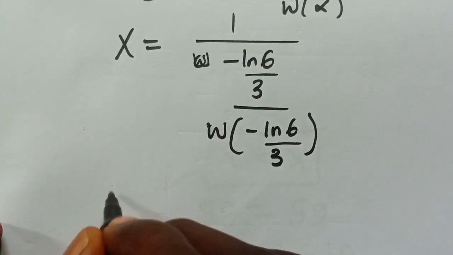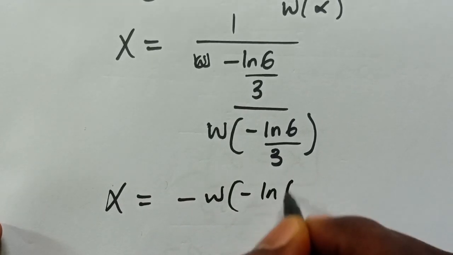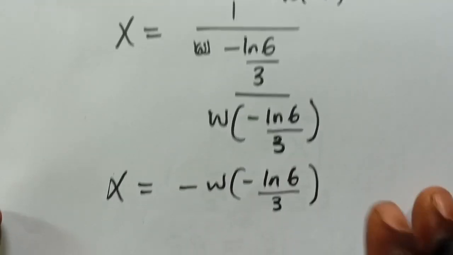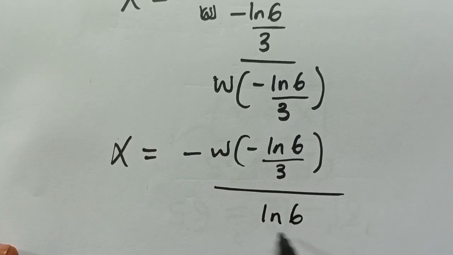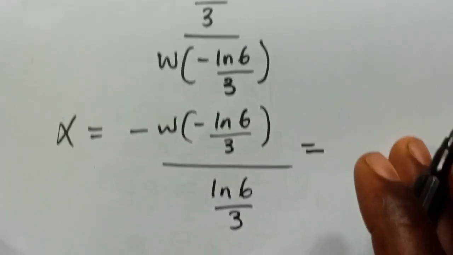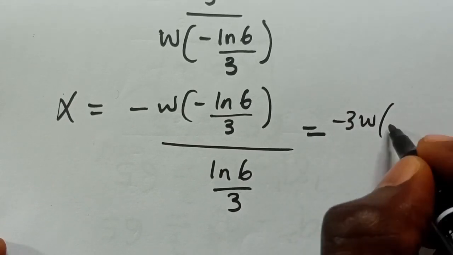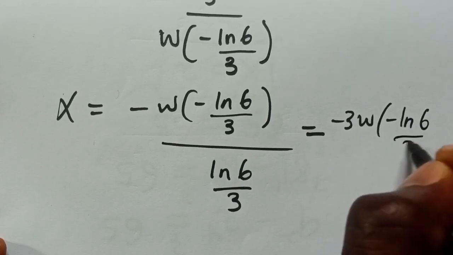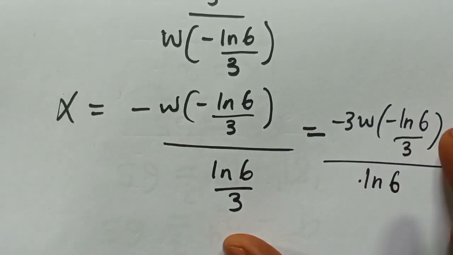So we're going to have x equals minus W Lambert function of minus ln of 6 divided by 3, then divided by ln of 6 divided by 3, and this can be simplified as minus 3 W Lambert function of minus ln of 6 divided by 3, then divided by ln of 6, to be the value of x.